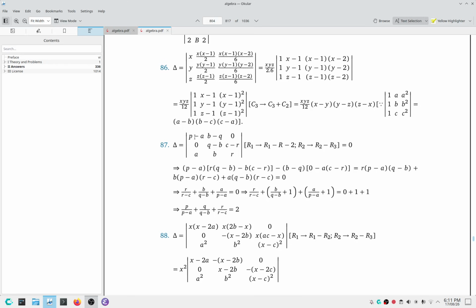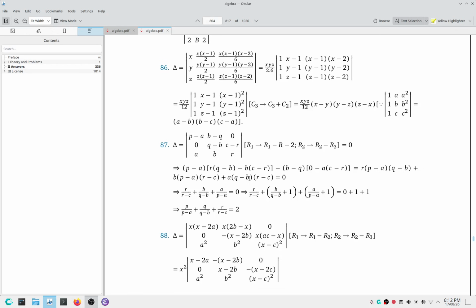And the determinant becomes P minus A, B minus Q, 0; 0, Q minus B, C minus R; A, B, R. Then we expand the determinant and we find the value as R times P minus A times Q minus B plus B times P minus A times R minus C plus A times Q minus B times R minus C.